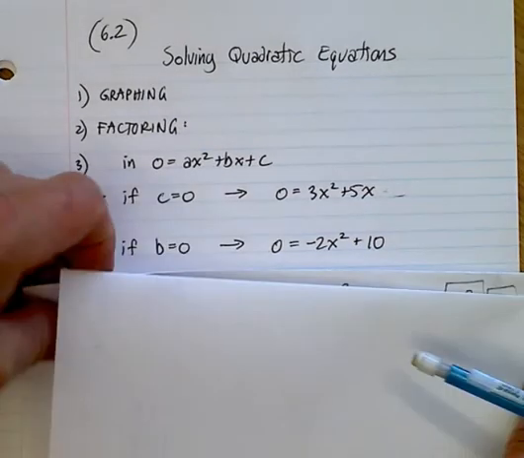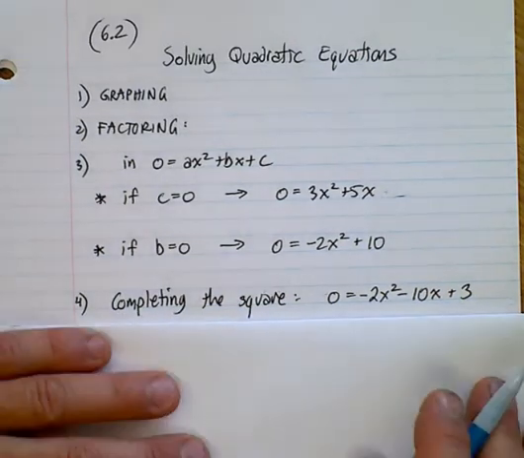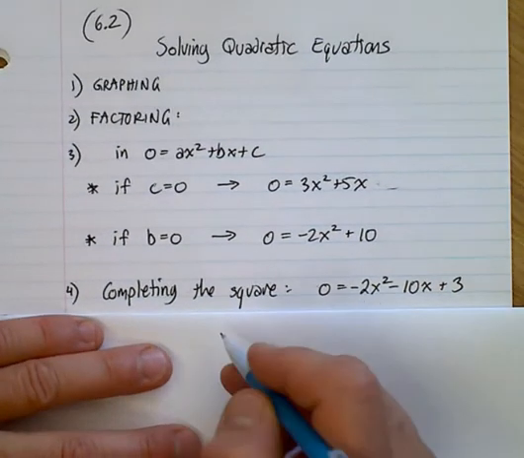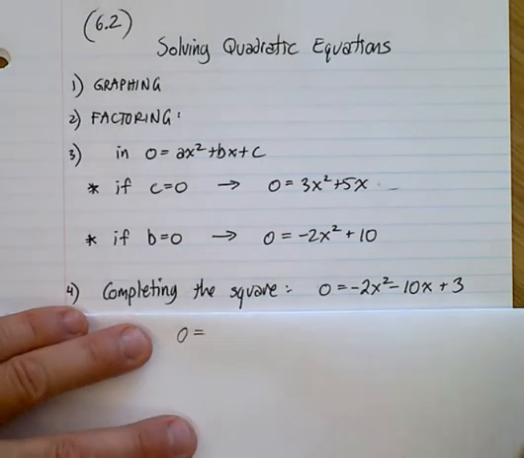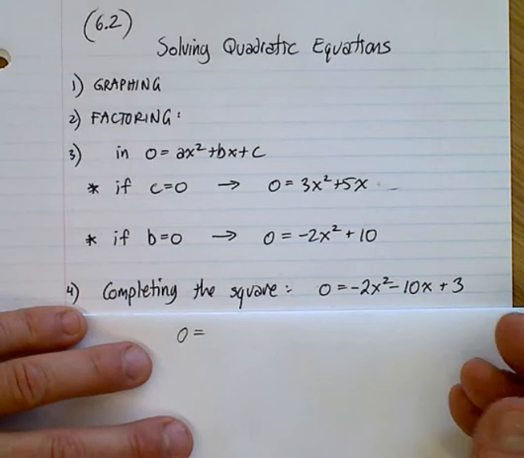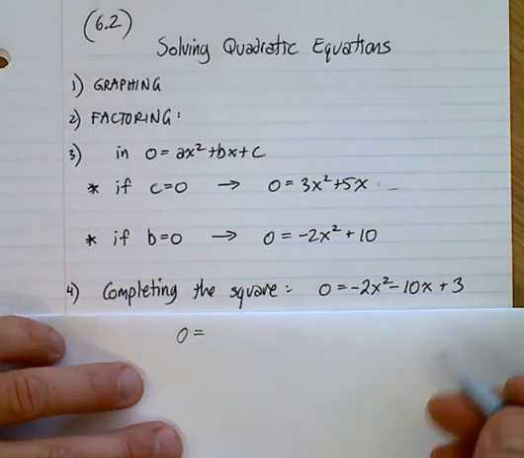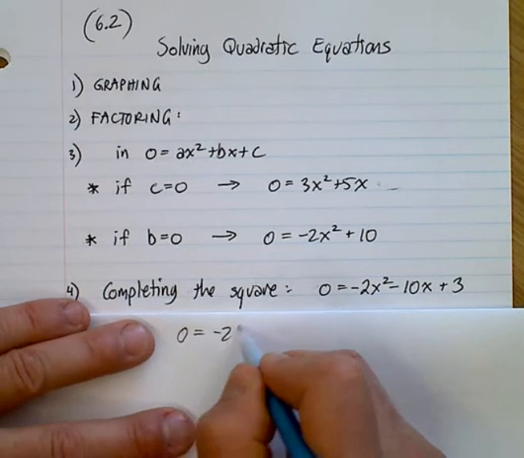And there's a couple other things that we're going to look at. We looked at completing the square, too. Okay. In the last chapter, you solved ones like this. And the process was exactly the same. What we wanted was to find the vertex, right? Then you found the vertex. You wanted to find when it hit the ground or something like that. And that was the x-intercepts. So what you need to do is remember how to complete the square.